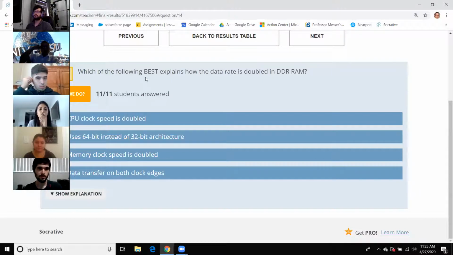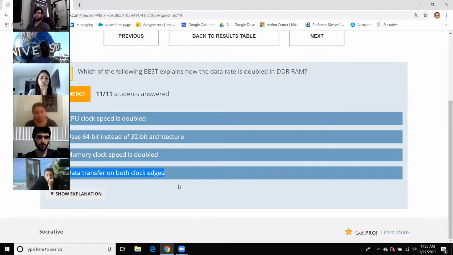Which of the following best explains how the data rate is doubled in DDR RAM? Carlos. D. Everyone agree? D? Yeah. That is correct. It transfers on both edges of the clock, on the top and on the bottom.